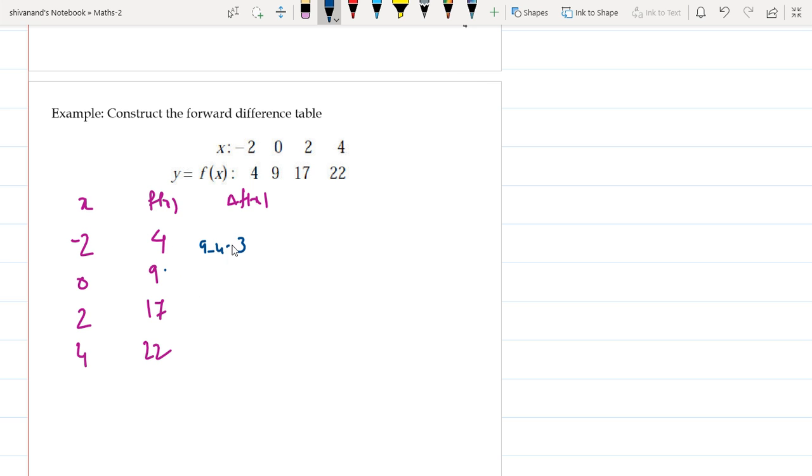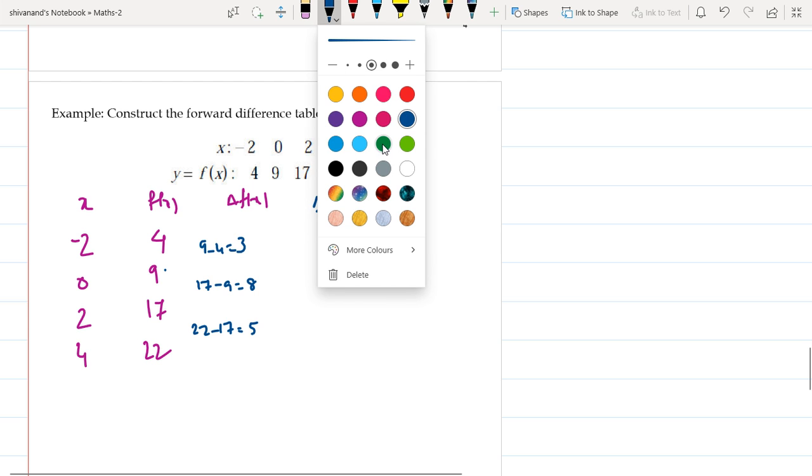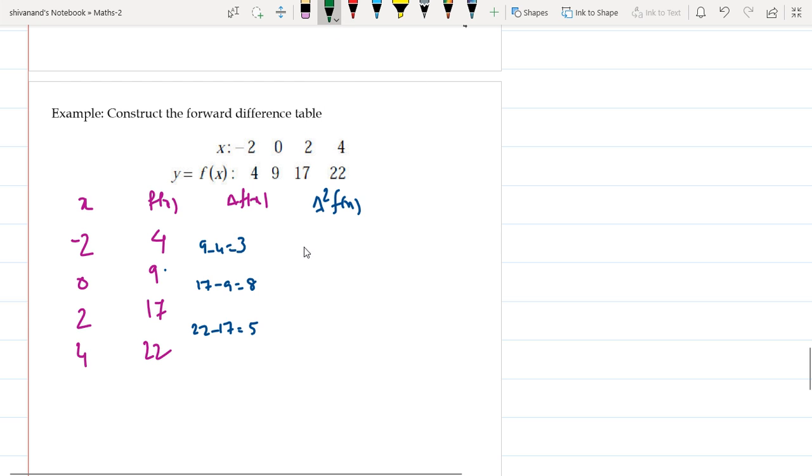So delta f of x is 9 minus 4, which is 3. How does it come? 9 minus 4 equals 3, right? And this is 17 minus 9, which is 8. And this is 22 minus 17, which is 5. Now delta square f of x.